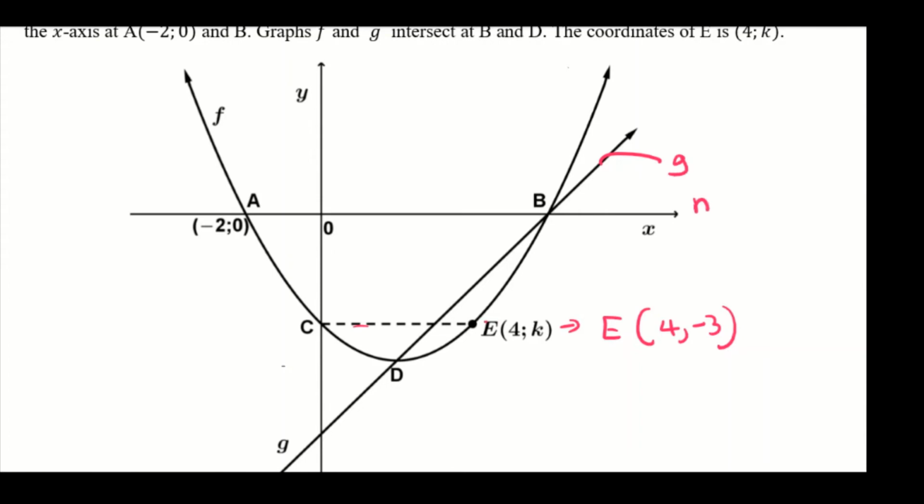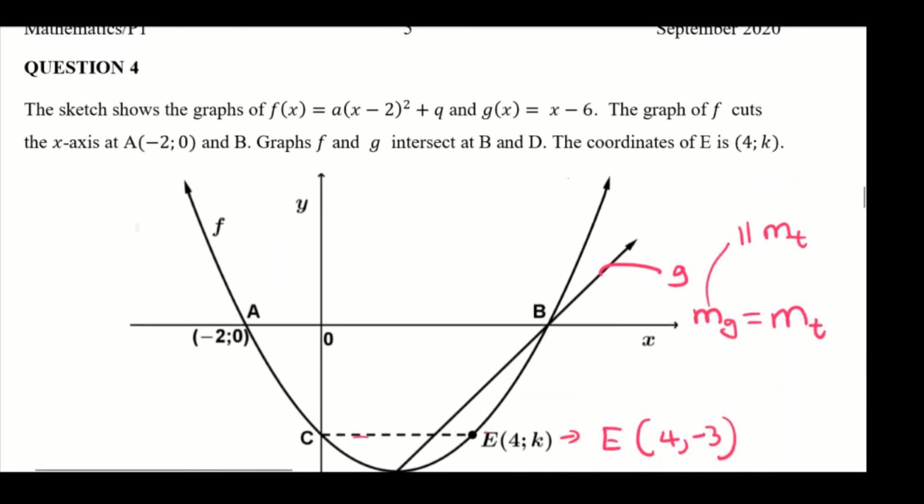We are told that the gradient of g is parallel, right? So the gradient of g is parallel to the gradient of the tangent, meaning that parallel gradients are equal. So meaning that the gradient of g will be equal to the gradient of the tangent. So let's have a look at the gradient of g.